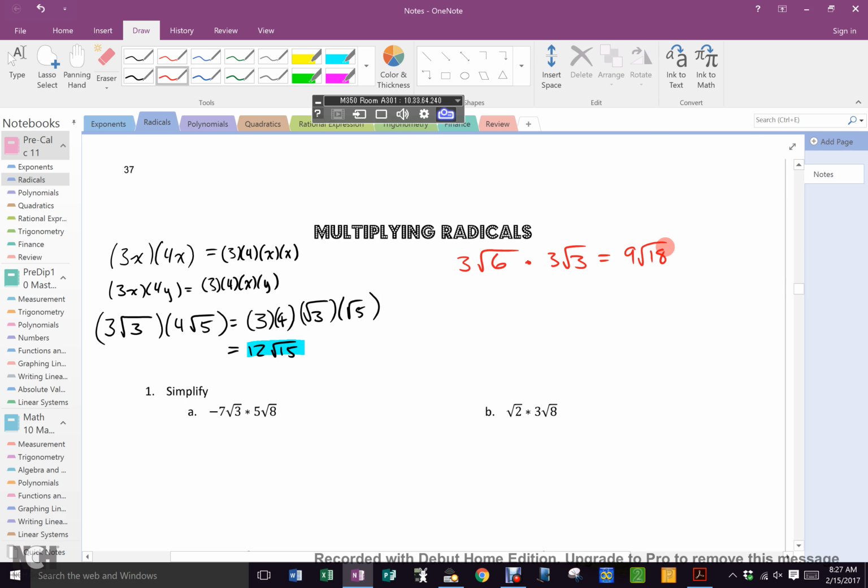Now, is that the answer? No. It is indeed an answer, but in math class, we don't like anything that isn't in its simplest form, yes? So at the end, we simplify. This is 9 times 2, so what comes out? 3. There was already a 9 out there, so this is really 27 root 2.